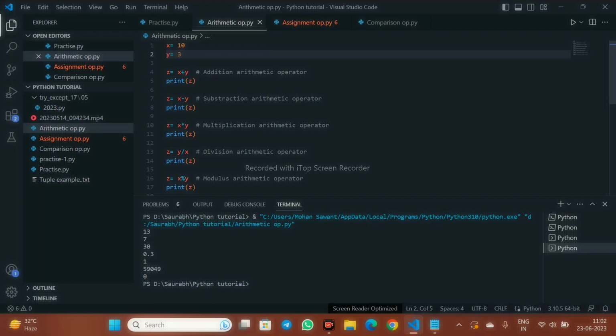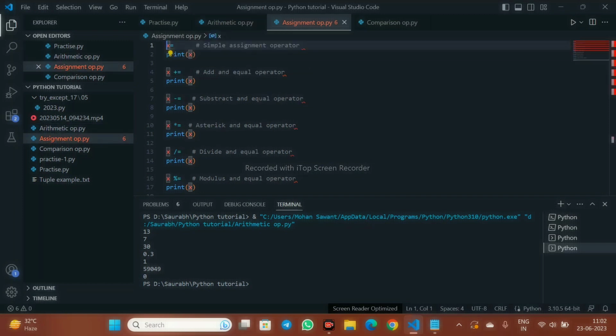Now we will move to the next operator, that is assignment operator. Generally assignment operators are used to assign values to variables in Python.